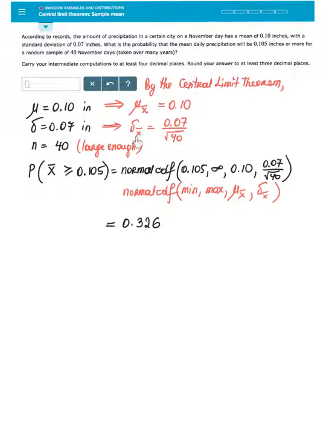Knowing this information and knowing that the sample means will be normally distributed, I am allowed to use the normal CDF function using these parameters for my random samples.